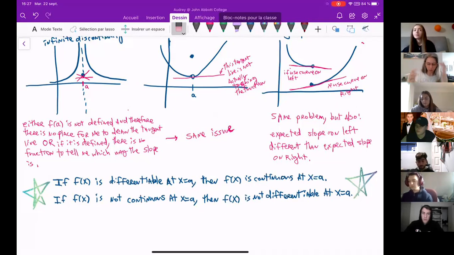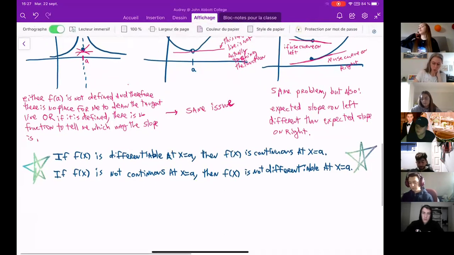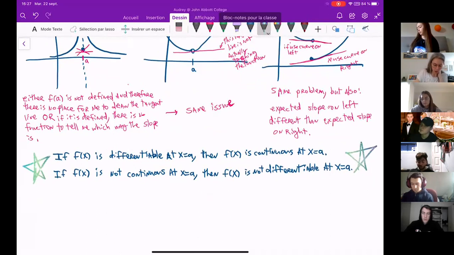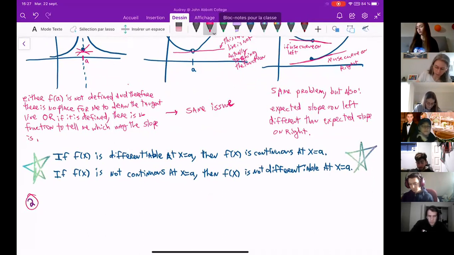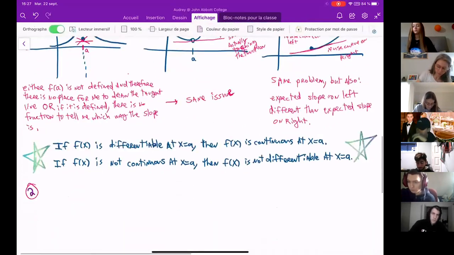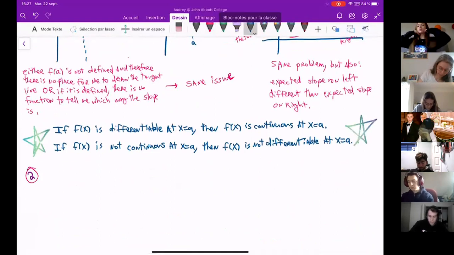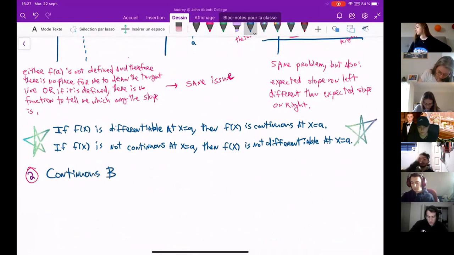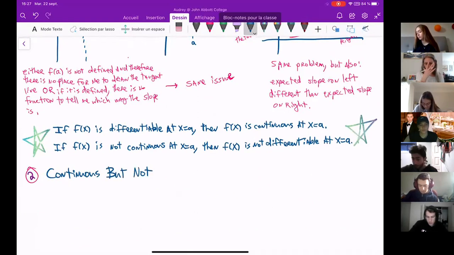So that's a little bit hard to wrap your mind around with just words. So we're going to create a second section here. The second different place will be continuous but not differentiable. And people tend to have trouble with this because it really is largely a thing that you learn in a logic class.